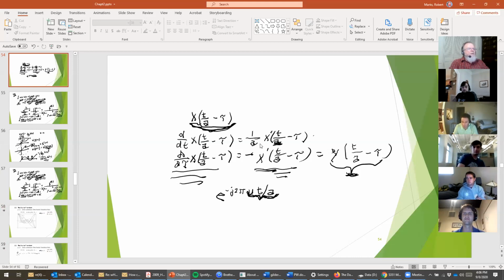Let's see, 1 over A. Okay, so this is correct. So you can Fourier transform this, correct? And to get this to look like this, you simply equate the derivatives. And you can see that x prime in terms of the d tau is related to the derivative with respect to dt. And you can equate the two and then perform the operation that you can look up. I don't know if that sheds light on it.